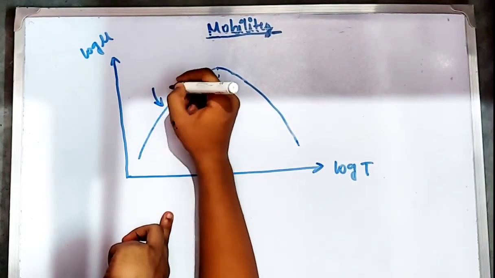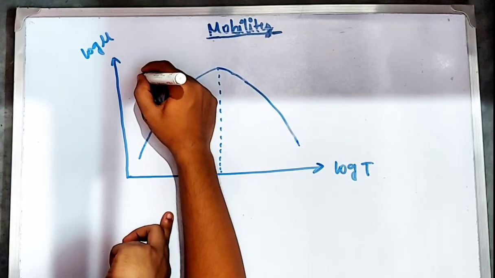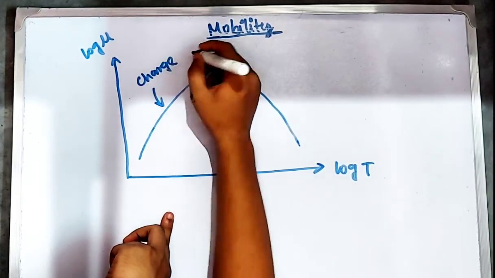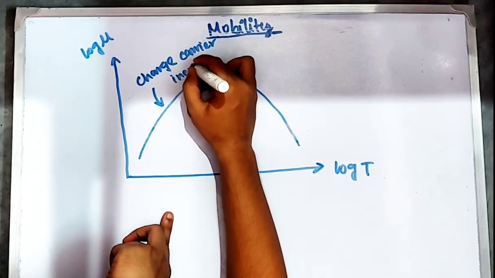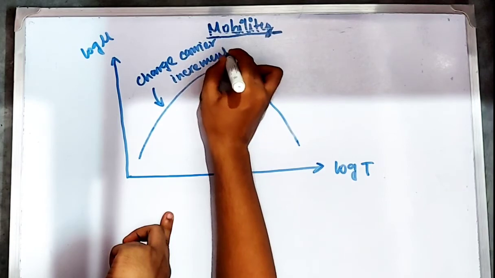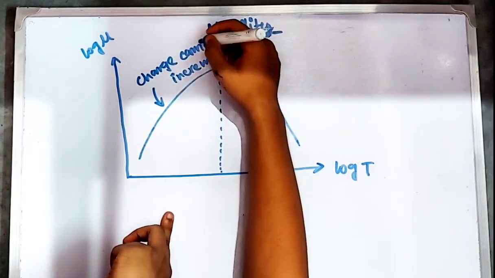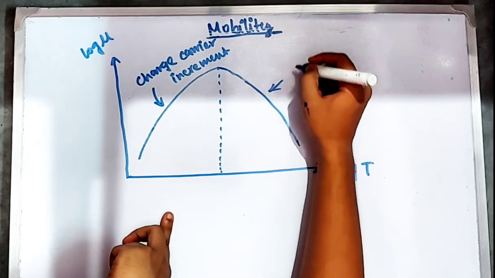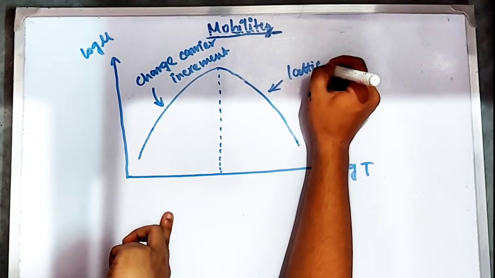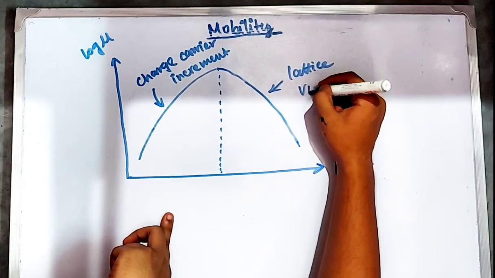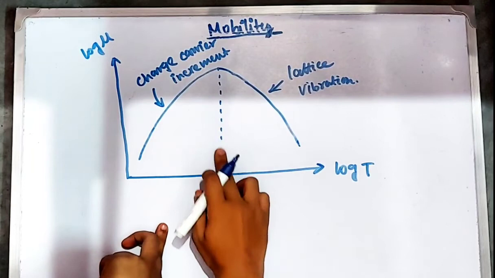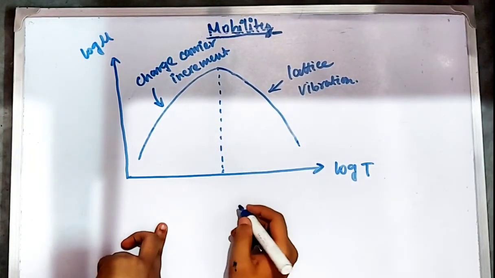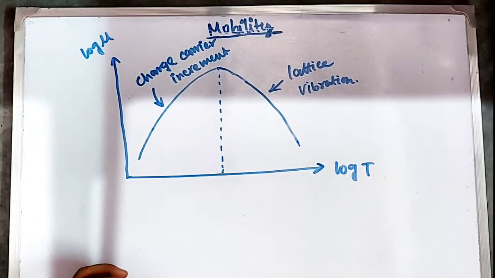So at first there is charge carrier increment, and this fall is for lattice vibration. This is not very important, but yes.